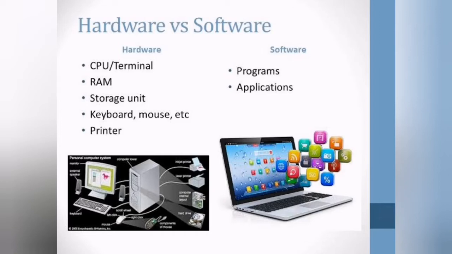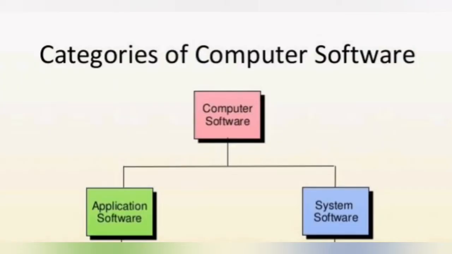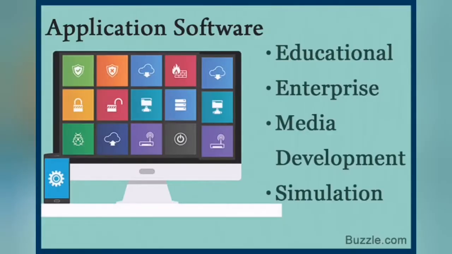The RAM, storage unit, keyboard, mouse all come under the hardware, and the programs and the applications come under the software. Again the software is divided into two, the application software and the system software. Application software, as we all know, are the apps that we download. If you want to edit a video, we will just download an app based on our interest.